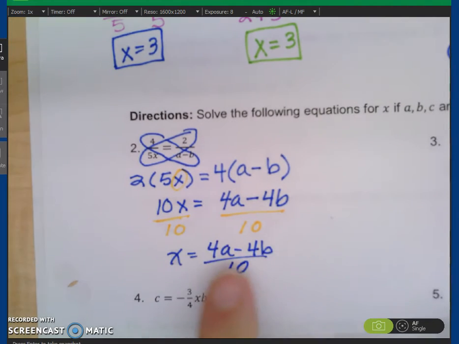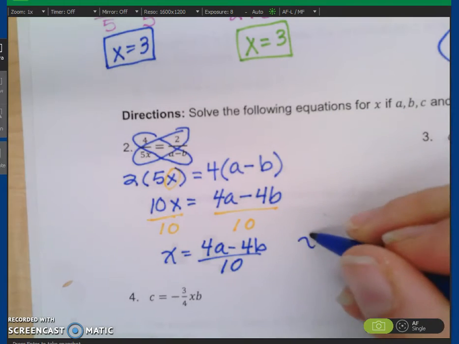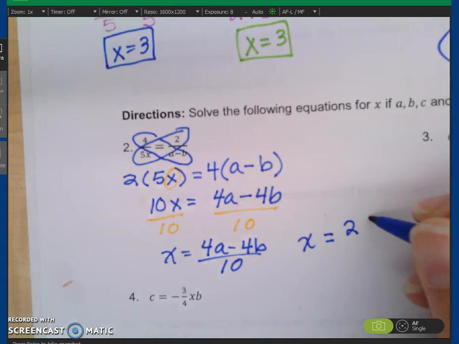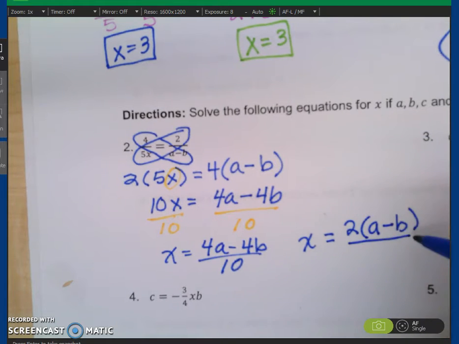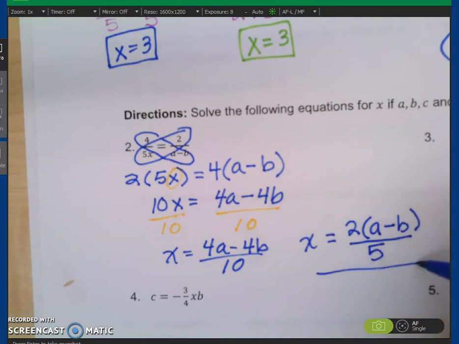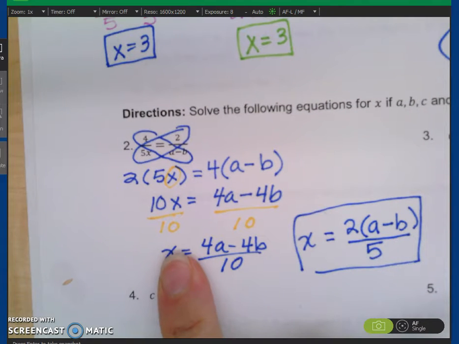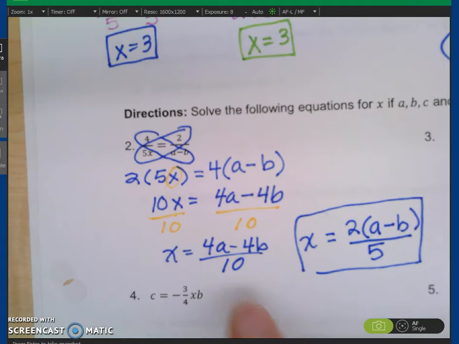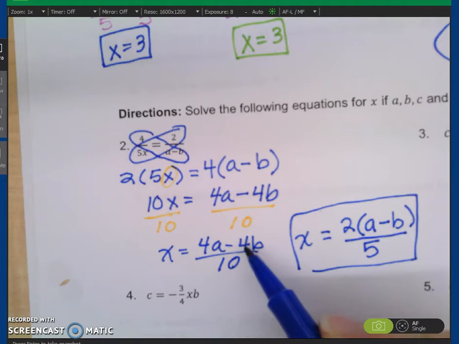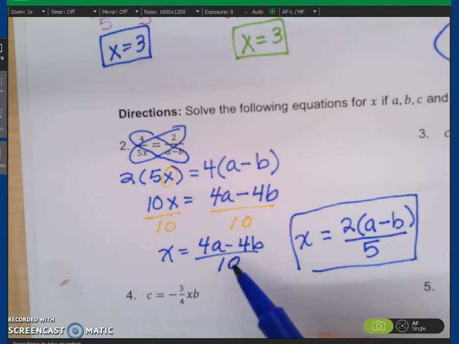Or if you notice that 4 and 10 have a common factor of 2, we can say that x equals 2 times the quantity of a minus b all over 5. We need to factor out the 4 first before we can simplify, because you can't reduce when you have subtraction going on.